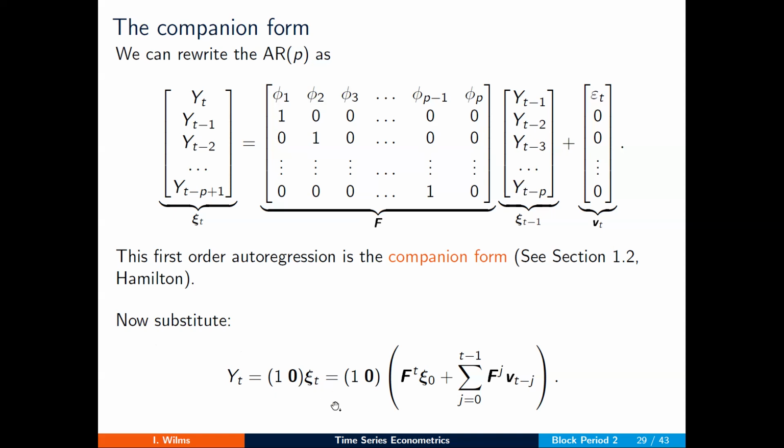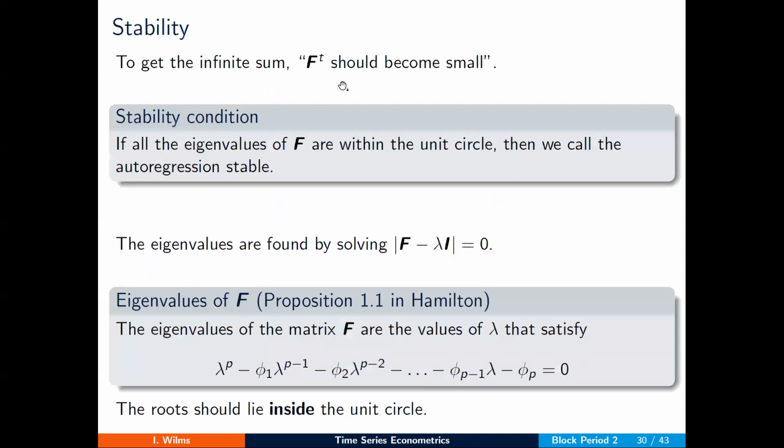And xi t follows an AR1 model equation, which can be rewritten through recursive substitution like we did before. And here again, our initial condition pops up. And what would we want? Well, like before, but now in matrix notation, we would want the F to the power t to become small for our infinite sum to arise.